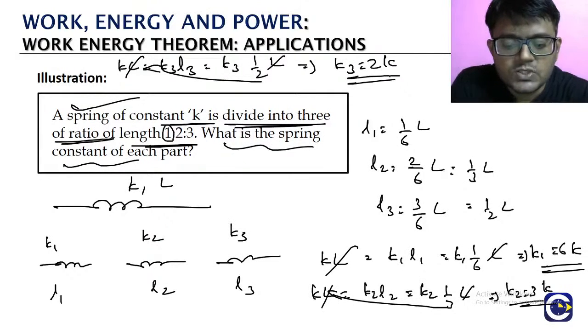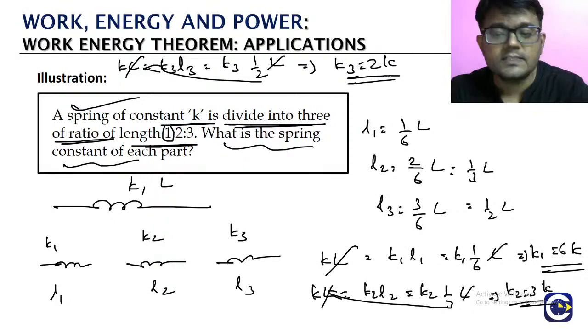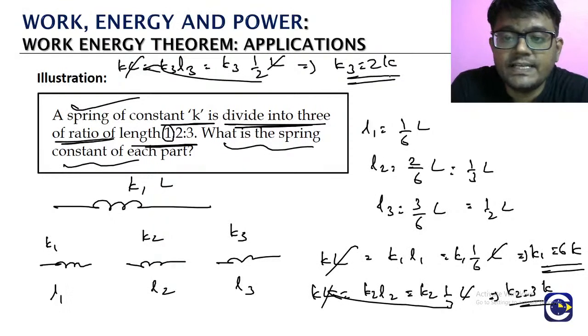So whenever we have a spring that is divided into unequal parts, what is the procedure to find the spring constants? We look at the spring constant of the particular part multiplied by the length of that part.